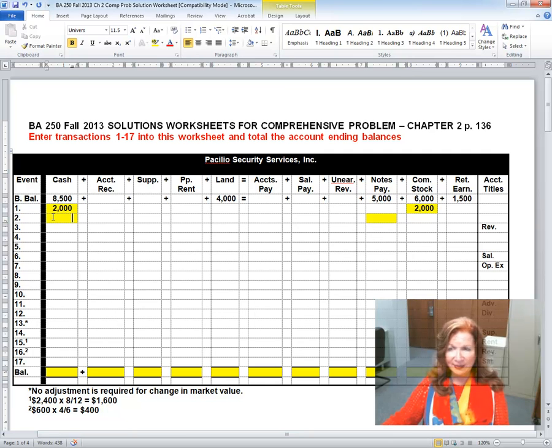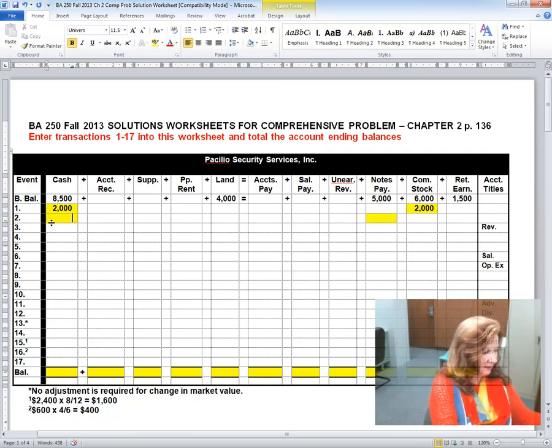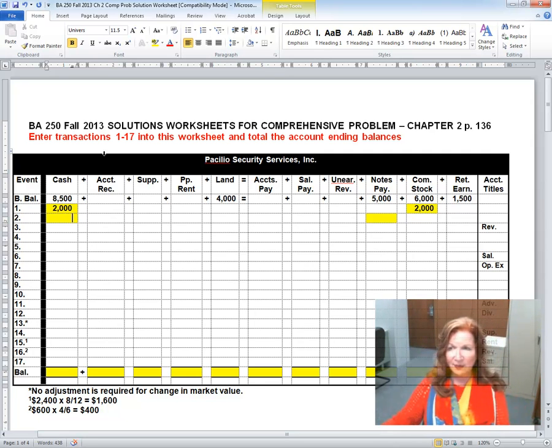For the second transaction, it says paid, so that means our cash is going down, $3,000 on the debt owed to the Small Business Government Agency. The loan is interest-free, so we have no interest on this loan, but we do have to put in $3,000 of cash going out. So we want to use parentheses. I think from last week I remembered that these didn't need the parentheses.